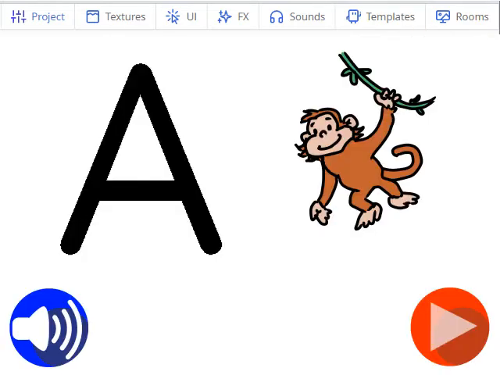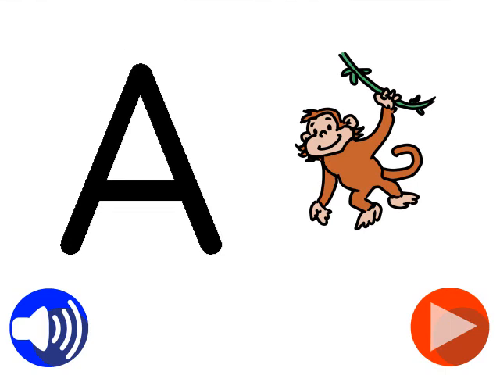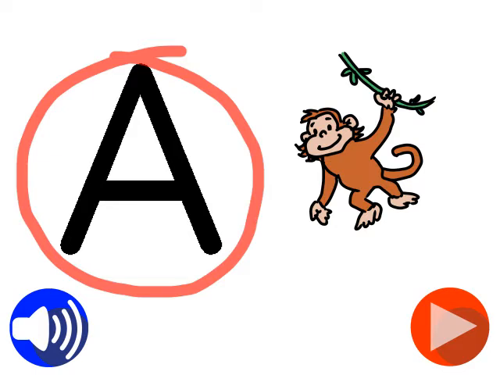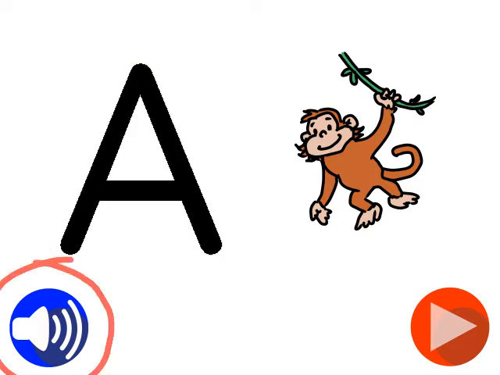Okay, let's see what I want to do with the alphabet game. I want to have a page for each letter, a page or a room. On each of these pages, the letter will be shown in its uppercase version. There will be a button to play a recording of the sound of the letter and a word with the letter as the first letter.